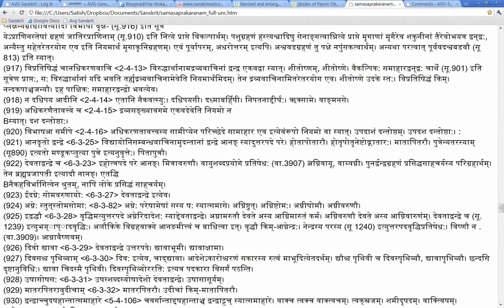So Agnivayu does not become Agnavayu. Agnischa Vayuscha is Agnivayu and not Agnavayu. And Vayavagni also does not become Vayagni. Vayu doesn't take the Anangadesha.